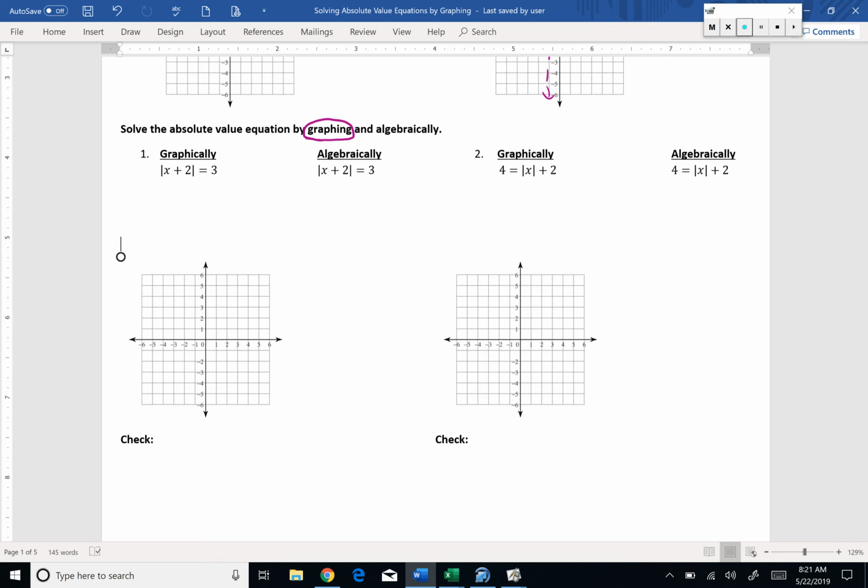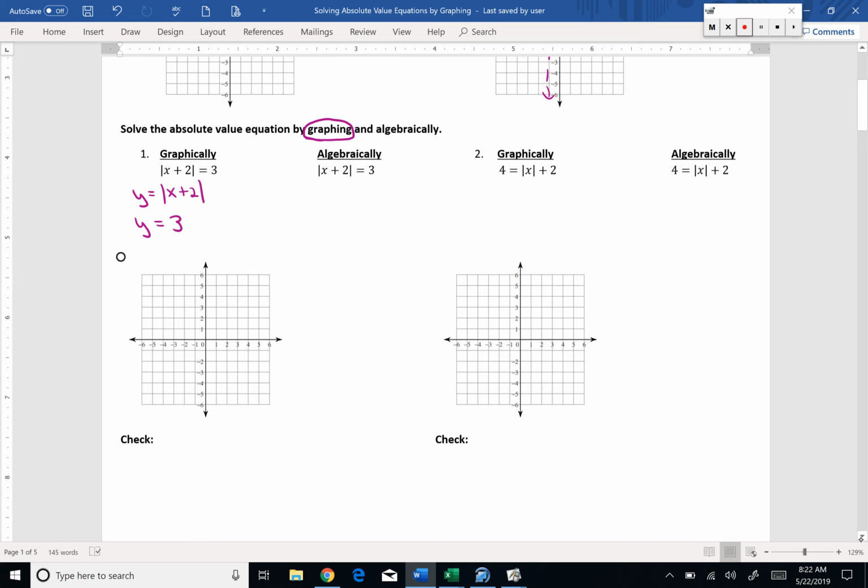So what we can do to solve this graphically is figure out where the two sides are equal. If we want to figure out where the two sides are equal, we can turn this equation into a system and figure out where they intersect. All we have to do is take what's on the left side of the equal sign and make it into an equation of y equals, then take what's on the right and make it into an equation of y equals.